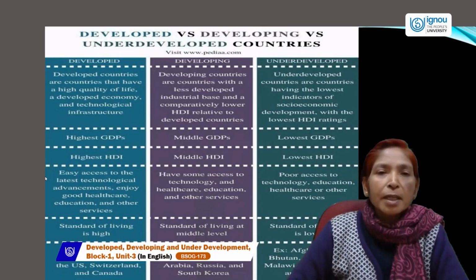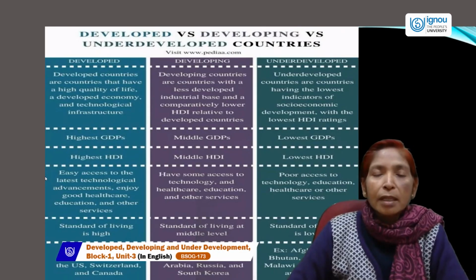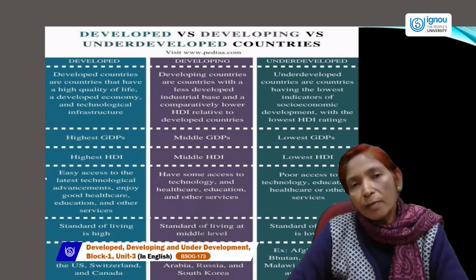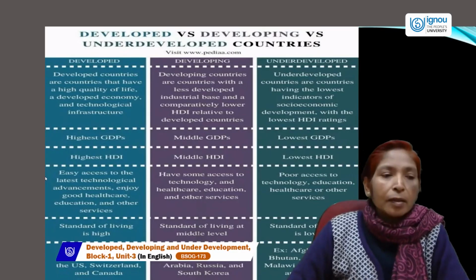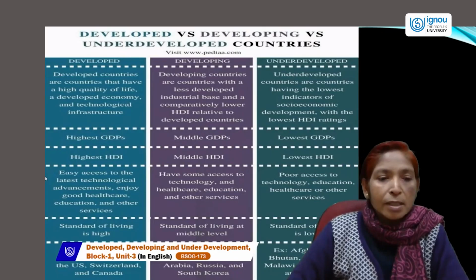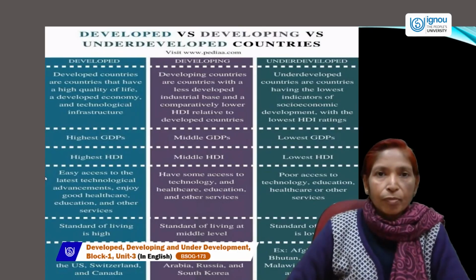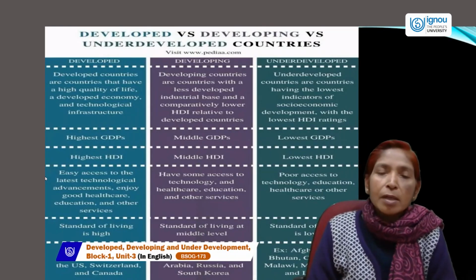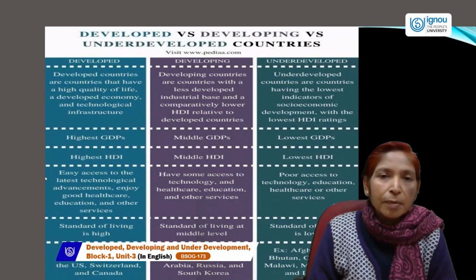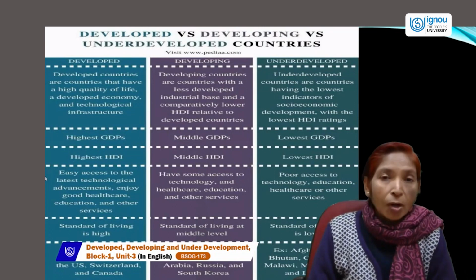Third, in developed countries, the HDI rating is higher. In developing countries, the HDI rating is middle, and in underdeveloped countries, it is lower. In developed countries, there is easy access to the latest technologies and people enjoy good healthcare, education, and other services. Education is near 100%, or 99% or 98%, or in some countries 90% of people are educated, not only literate.